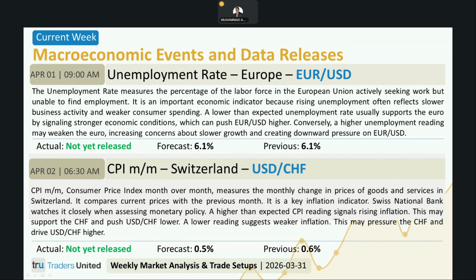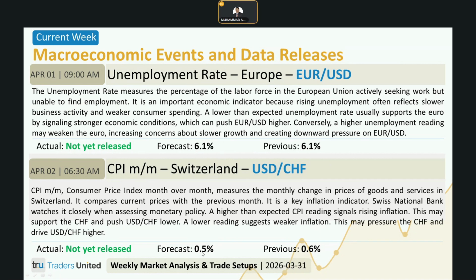Conversely, a lower reading suggests softer inflation in Switzerland, which may weaken the Swiss franc and drive the USD Swiss franc higher. Now, the previous number was 0.6%.